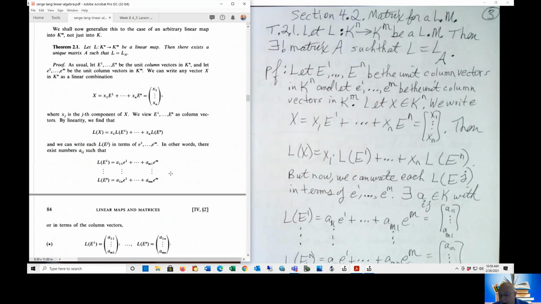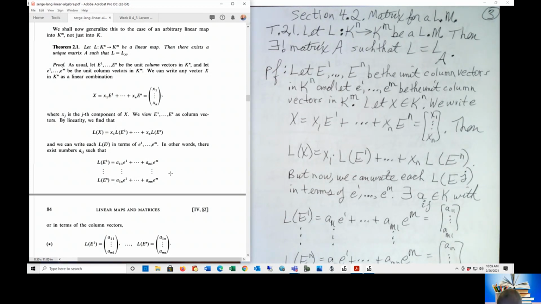And if you wrote it as a column, that turns out as x1 down through xn. All right, then let's operate on that equation by L, where L is linear. So L of x is x1 L of e1, dot dot dot, all the way through xn L of en.